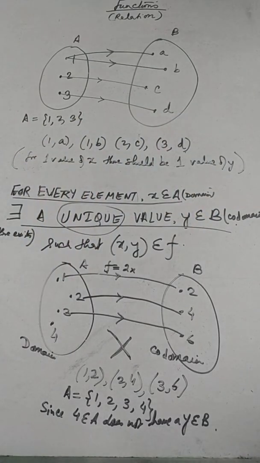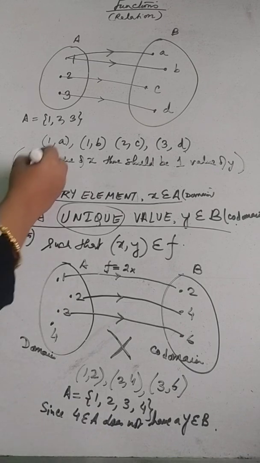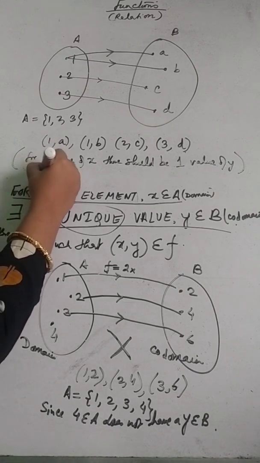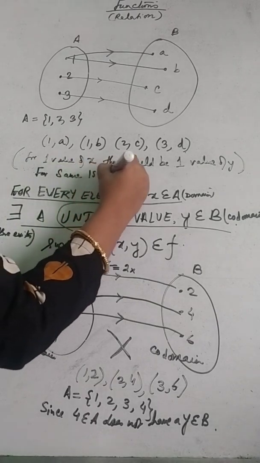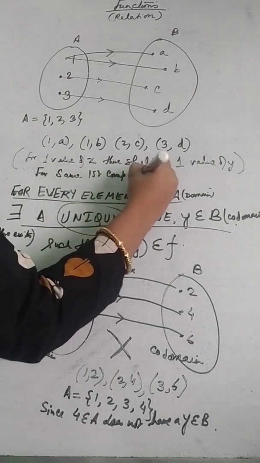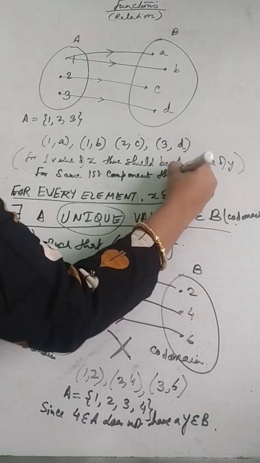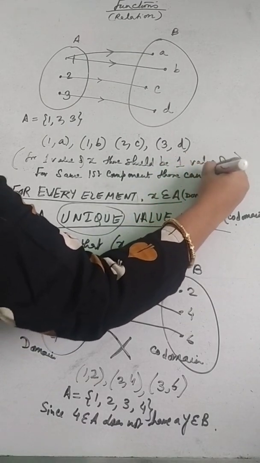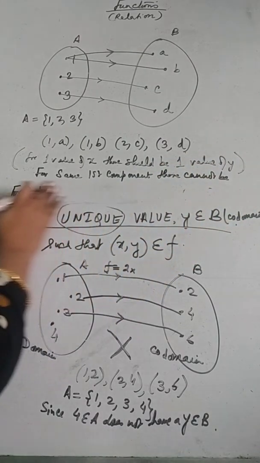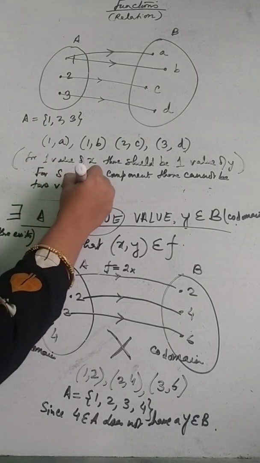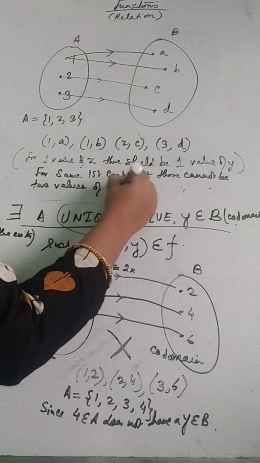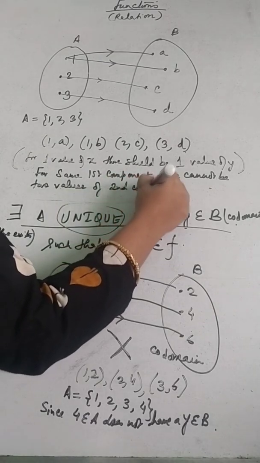In other words, for the same first component, there cannot be two values of the second component.